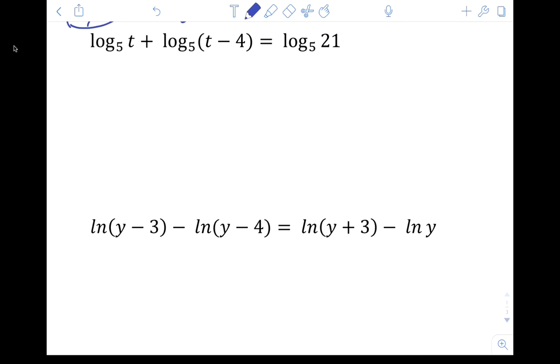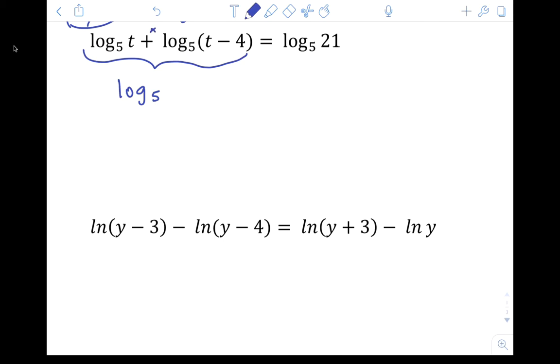Okay. Example 3. Hopefully by now you're catching on. Condense and drop the logarithms. When I condense, log base 5, how do I put together t and t minus 4?